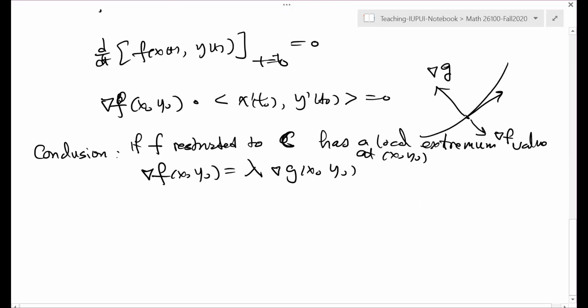Now we conclude, we have the following theorem. It doesn't matter whether it's 2 variables or 3 variables. Here's the theorem.